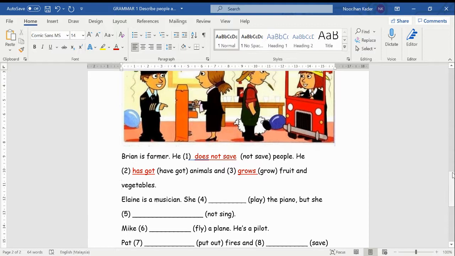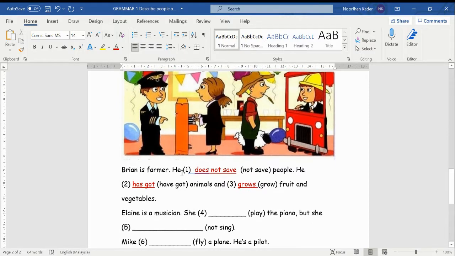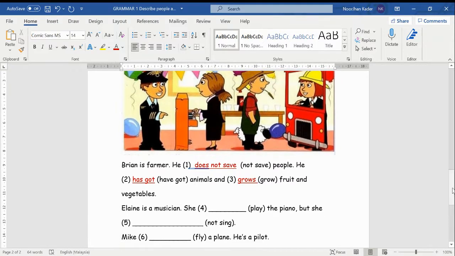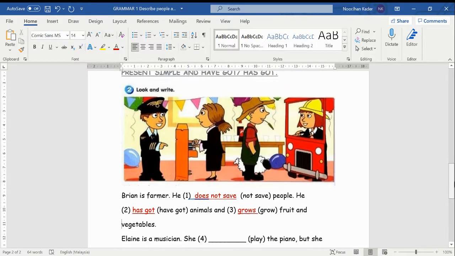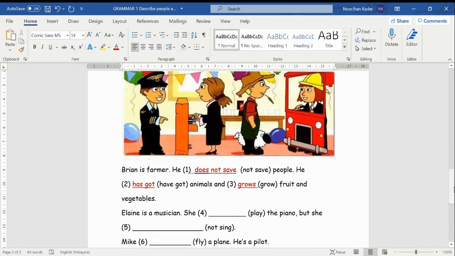Let us read first the first description for Brian. Brian is a farmer. He does not save people. He has got animals and grows fruit and vegetables. Okay, that is the first description. It's not the first description, but this is the first few sentences describing the first person, which is Brian, in this brief description or brief descriptions in a paragraph.